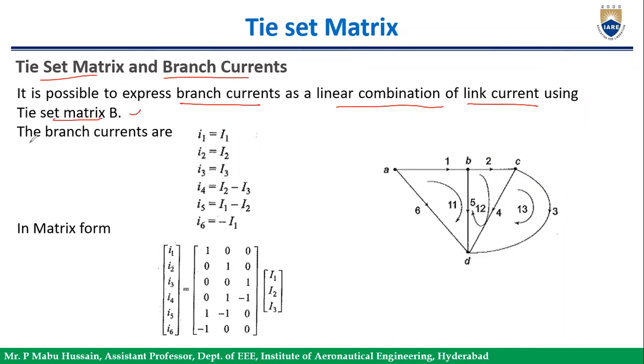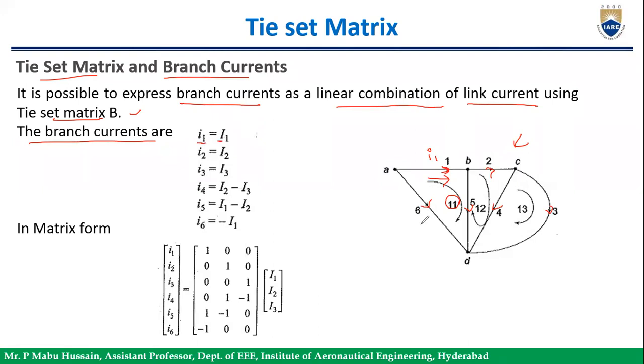So let us see. The branch currents, if you observe in this graph, we are representing all the branch currents. These are the branch current directions, along with the loop currents, which we have also mentioned here. Now this branch current small I1 will be in the same direction as your loop current I1, so I1 is equal to I1.